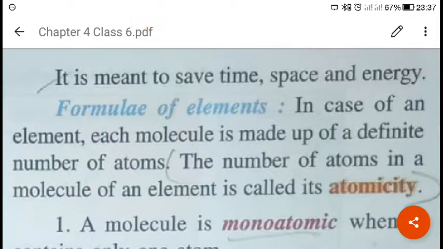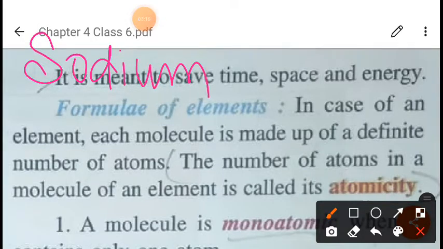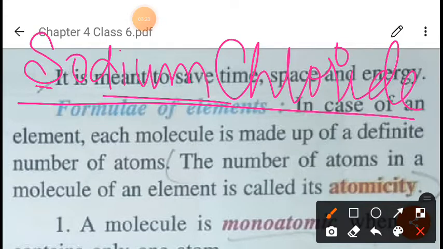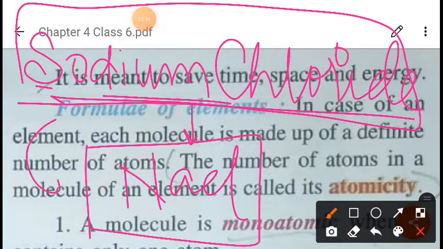One more example, let me tell you. Suppose we are writing SODIUM CHLORIDE. How many letters are there? So many letters, right? So much time is required to write this. So what will we do? We will write it in short form as NaCl. Just in 4 characters we can represent this, right?